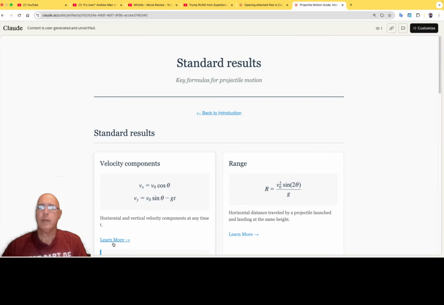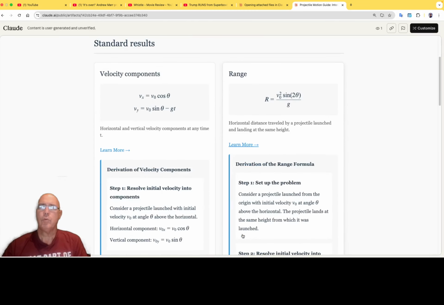So here we have an example for the horizontal and vertical velocities. Here we have an example for the range, where v0 is the initial velocity and theta is the angle that the object was launched from the vertical.